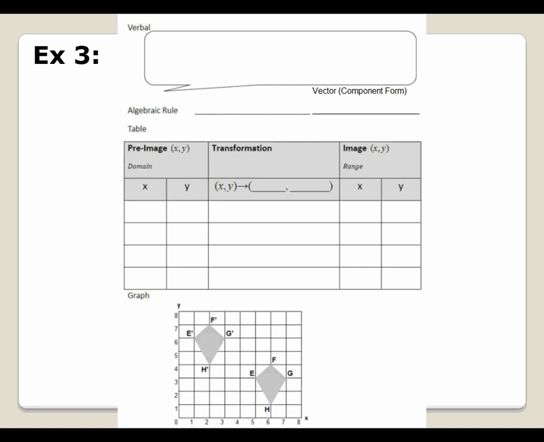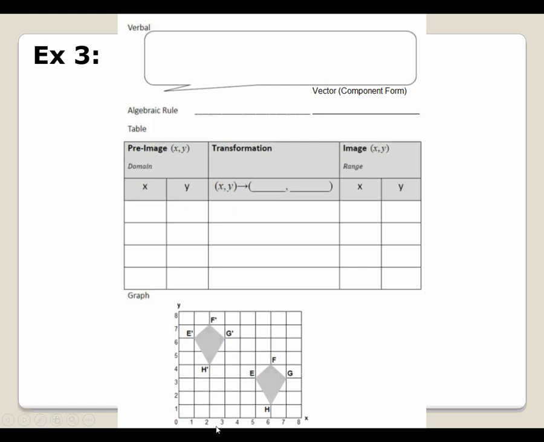So this one is a little different, because the last one they gave us the points of the pre-image and the image, but this time we don't have the points and we don't have a verbal, because in the first example they gave us the verbal description. But they have gone ahead and given us the graph of quadrilateral EFGH and quadrilateral E prime, F prime, G prime, H prime.